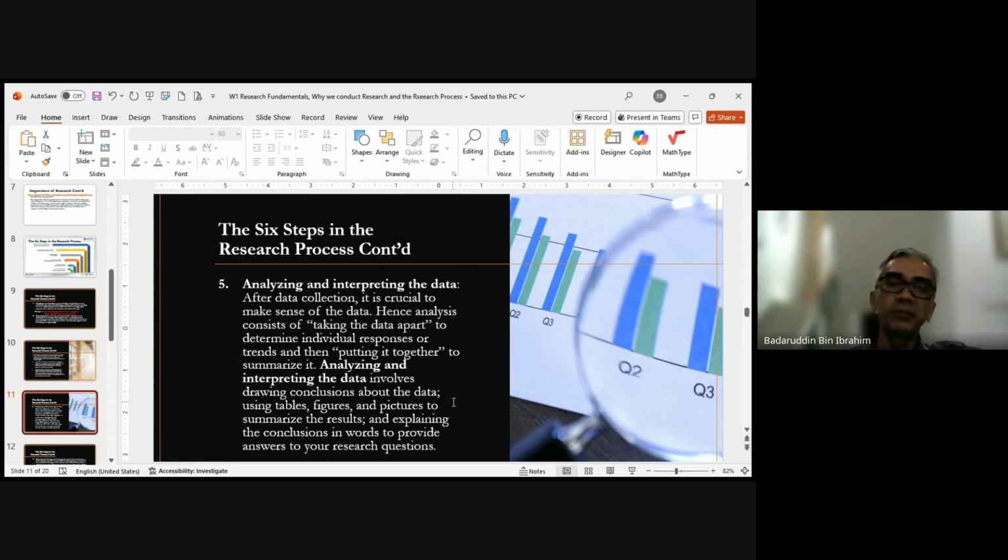Just don't be repetitive just for the sake of, oh, I like this point. No. You must have a reason or justification on why you think that repeating this statement will help the audience to understand your findings. So that is very important.